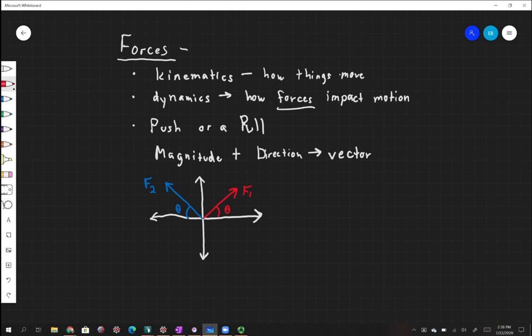Both of these are theta. What I can do is I can imagine adding these together and getting a third vector that's the combination of the two. That F total equals F1 plus F2. We want to make sure that we denote that all of these are vectors, so they should all have little arrows right above their notation.